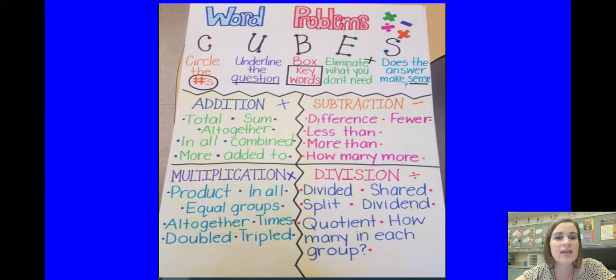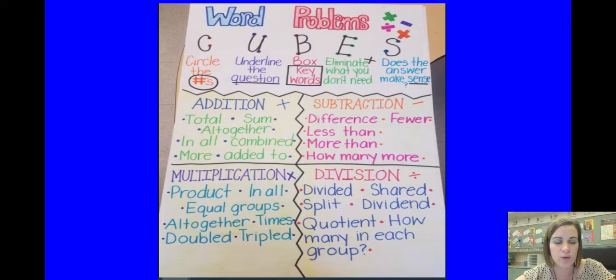And then the S in CUBES stands for, does the answer make sense? After you have solved your whole problem, think about your answer and the numbers and the keywords. Does the answer that you gave make sense to what was being asked?